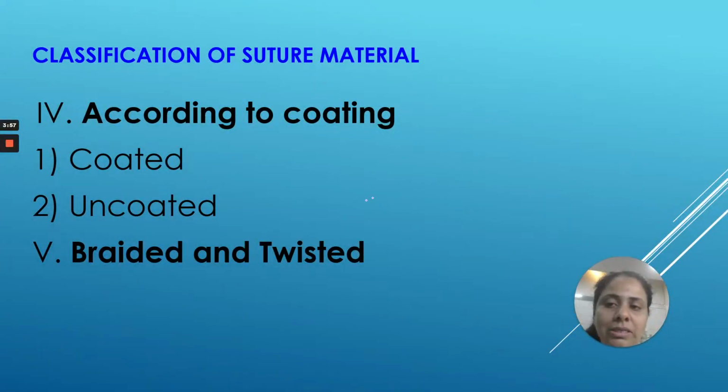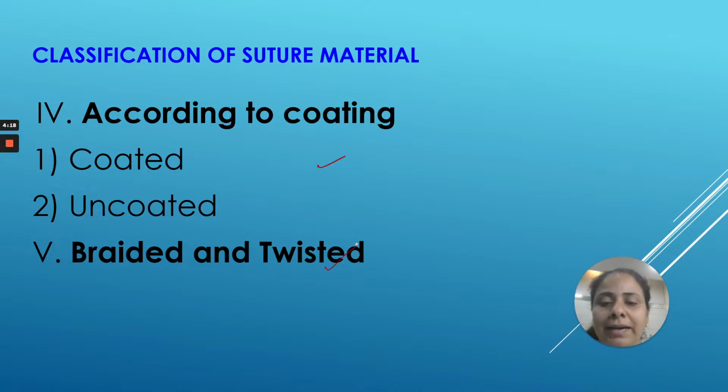Another classification is coated and uncoated. I'll show you different suture materials in the upcoming presentation, and which are coated and which are non-coated. Coated materials, for example Vicryl, are coated with antibacterial agents so that they are more effective in the oral cavity.